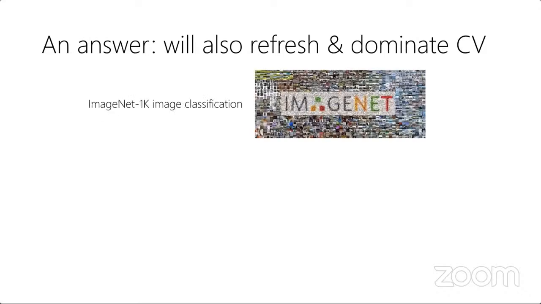We are confident on this answer because transformers have achieved very strong performance on 3 important vision benchmarks since the end of the last year. Let's see the first benchmark, ImageNet 1000 image classification. This task is the most important benchmark in computer vision to date. The task is to categorize images into 1000 classes.